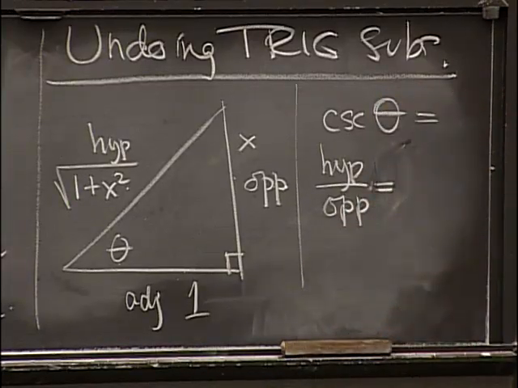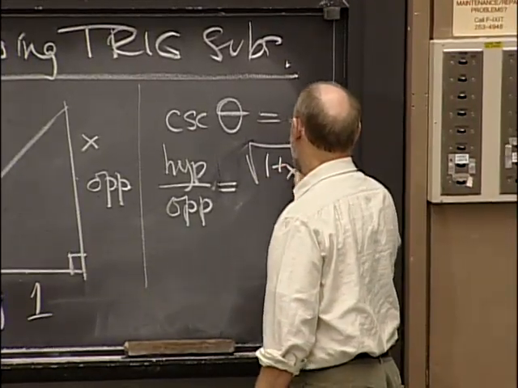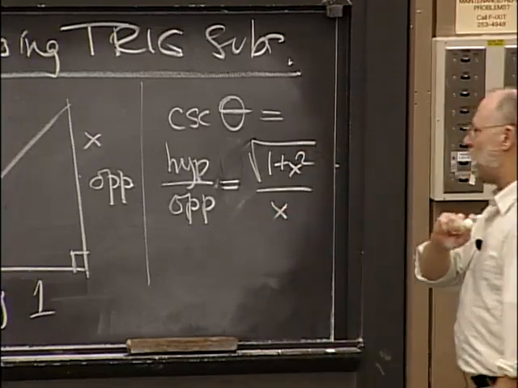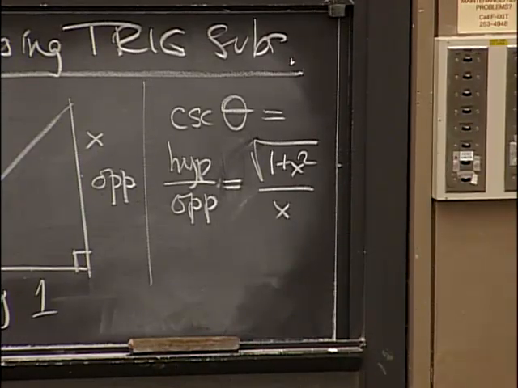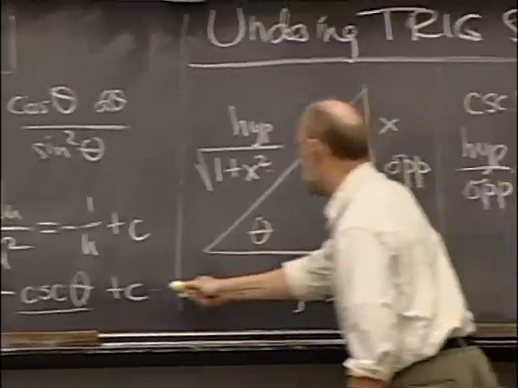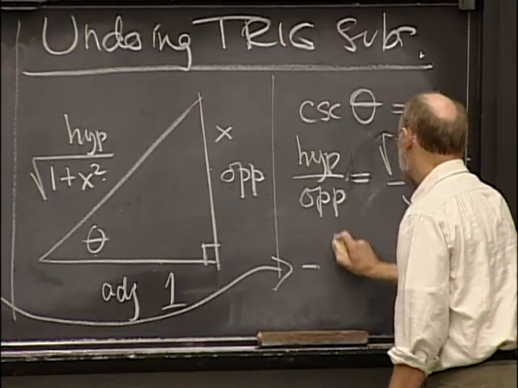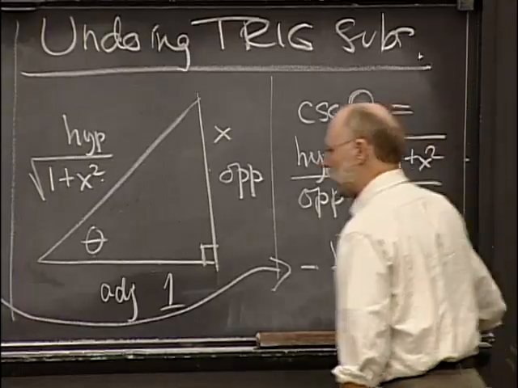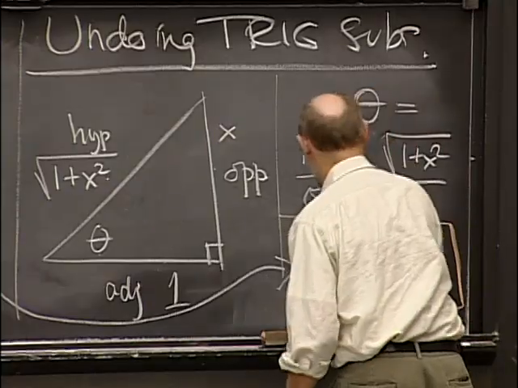And the hypotenuse is the square root of 1 plus x squared, and the opposite is x. And so I've done it. I've undone the trig substitution. I've figured out what this cosecant of theta is in terms of x. And so the final answer is minus the square root of 1 plus x squared over x plus a constant. And there's an answer to the original problem.